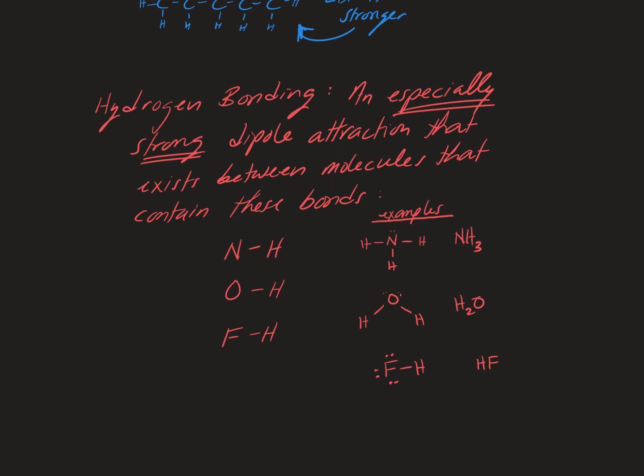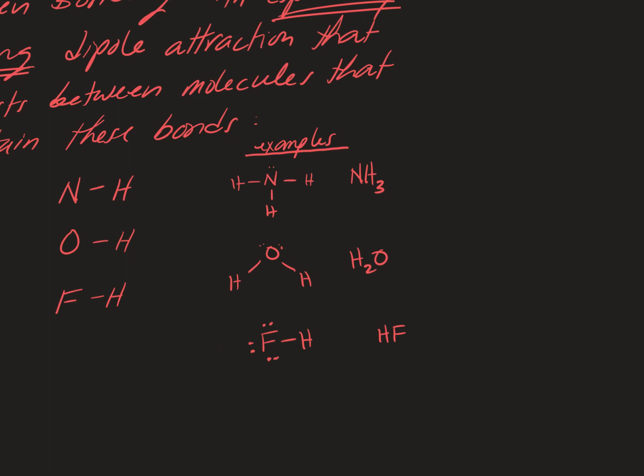So what is hydrogen bonding? And I wrote it here. It's an especially strong dipole interaction or attraction that exists between molecules that contain these bonds: a bond between nitrogen and hydrogen, a bond between oxygen and hydrogen, a bond between fluorine and hydrogen. Here are some examples of where you will see hydrogen bonding.